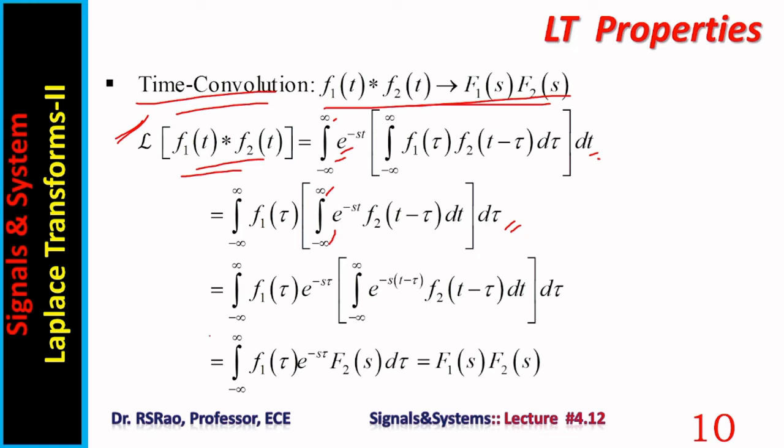This can be manipulated a little bit, giving integral minus infinity to plus infinity f1 of tau into e power minus s tau multiplied by integral minus infinity to plus infinity e power minus s t minus tau f2 of t minus tau dt d tau, which can further be manipulated to give integral minus infinity to plus infinity f1 of tau e power minus s tau f2 of s d tau.